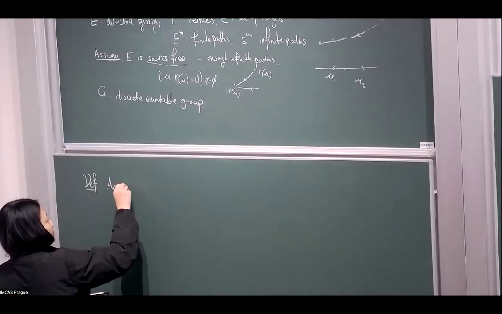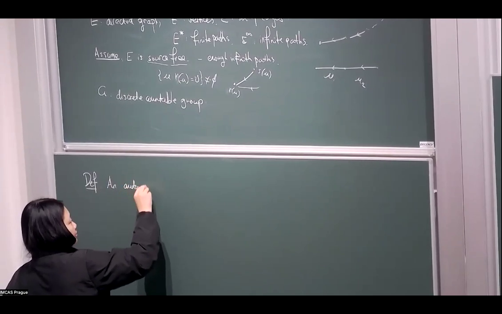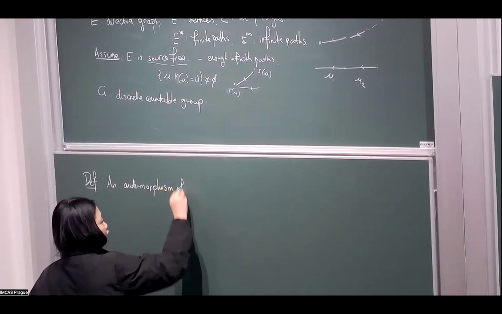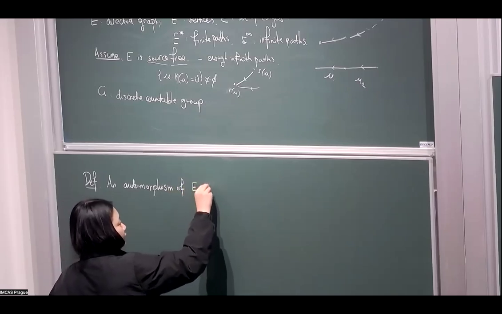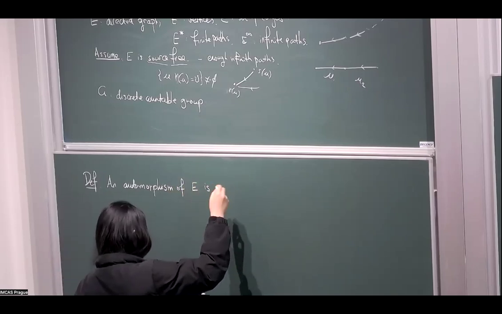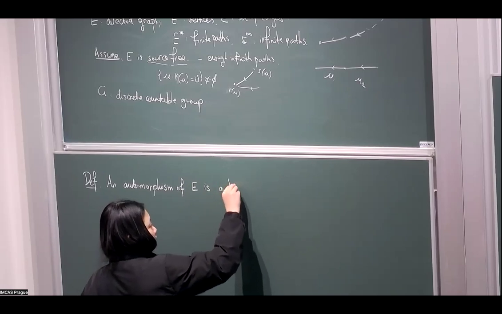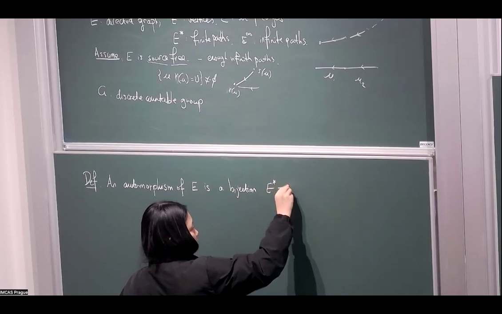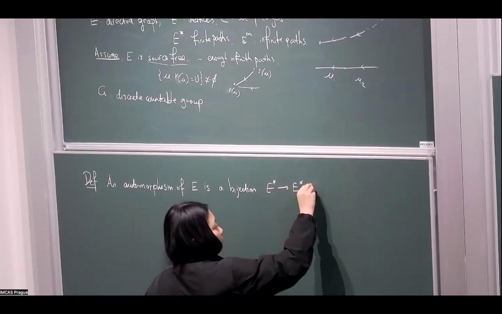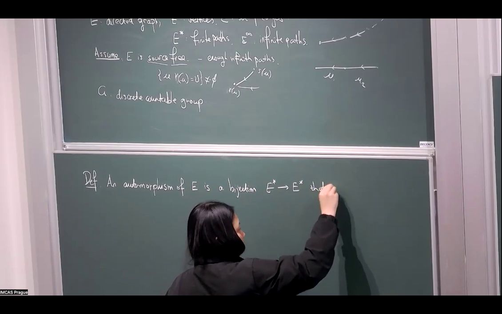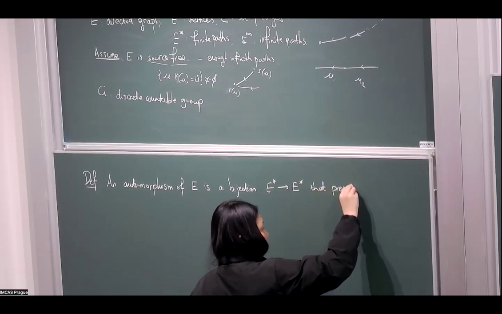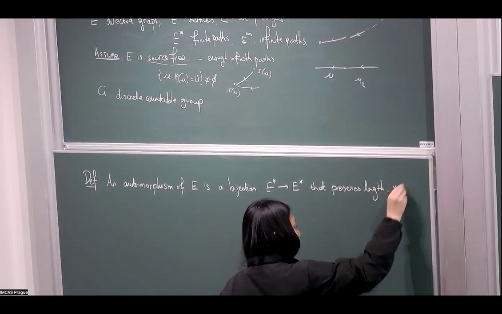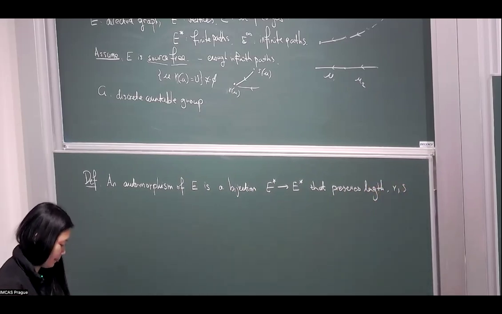When I say an automorphism of the graph E, I mean a bijection from E^* to E^* that preserves length, range, and source.